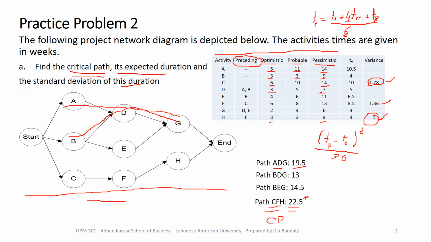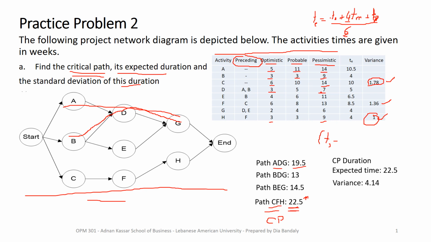So let's summarize what we are finding for the critical path here. Let me clean it up so that you can read clearly what I'm doing here, because I really need this information. Okay, that's enough. So for the critical path, we have found the expected duration before. Here we go, we did it here, 22.5.